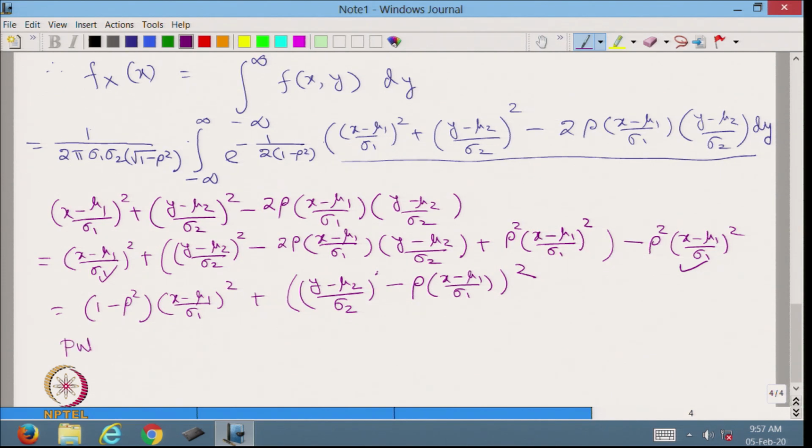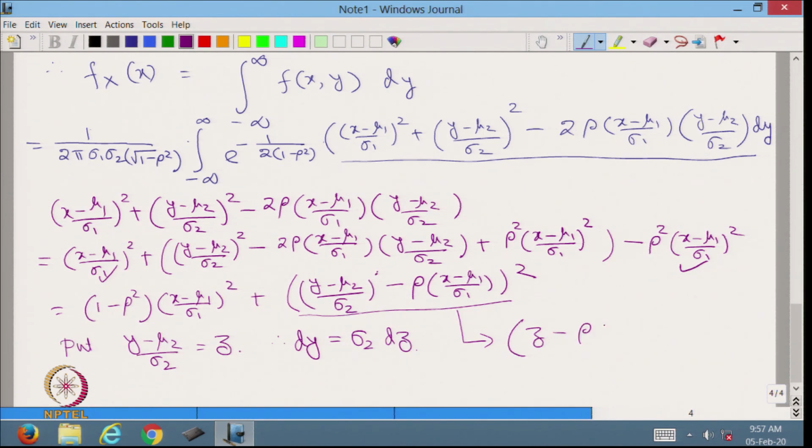Put (y − μ2)/σ2 equal to z. Therefore, dy is equal to σ2 dz, and this term becomes (z − ρ(x − μ1)/σ1) whole square.